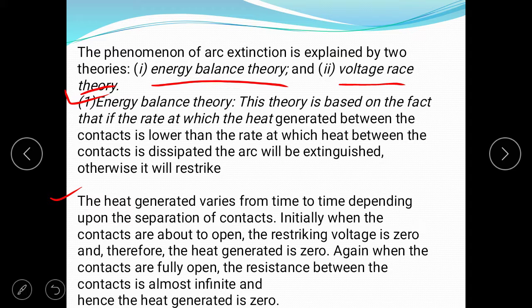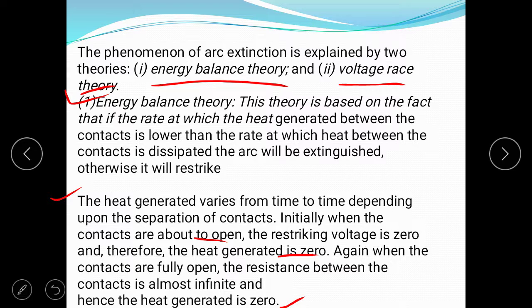Next, the heat generated varies from time to time depending upon the separation of contacts. Initially, when the contacts are about to open, the restriking voltage is zero and therefore heat generated is zero. Again, when the contacts are fully open, the resistance between the contacts is almost infinite and hence the heat generated is zero.